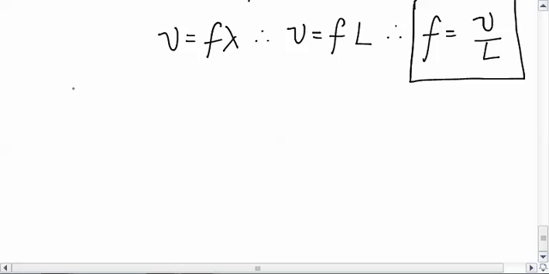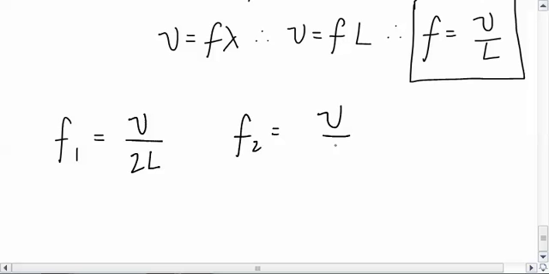Our first one, we had V over 2L. The second one we just did was V over L. What's it beginning to look like?